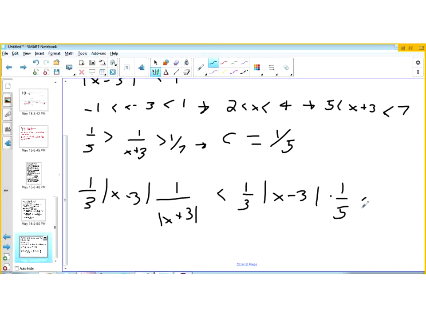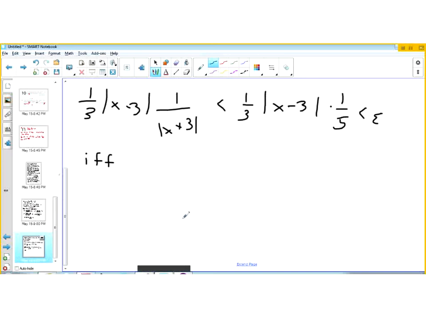But we also know this now: 1/3 times the absolute value of x minus 3, and we know the cap for 1 over x plus 3 is now 1/5, and all of that is less than epsilon.